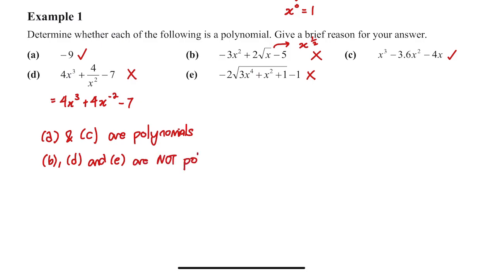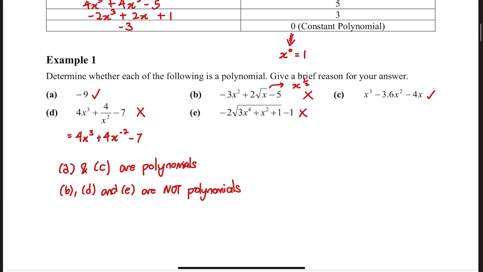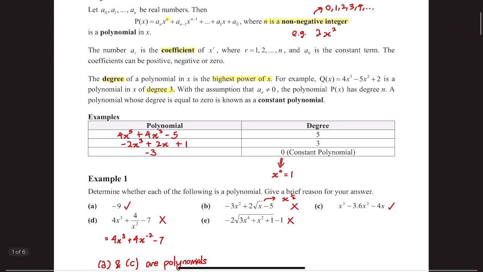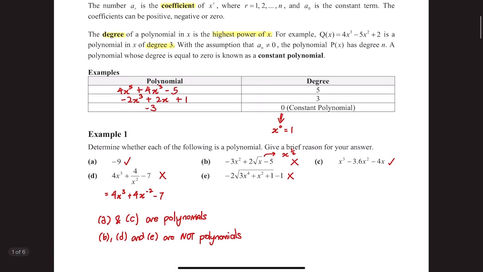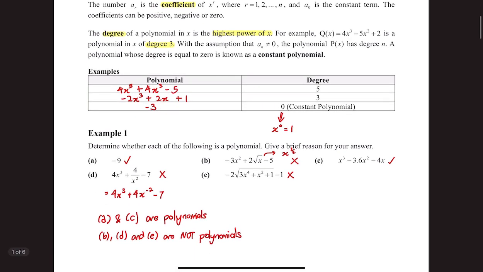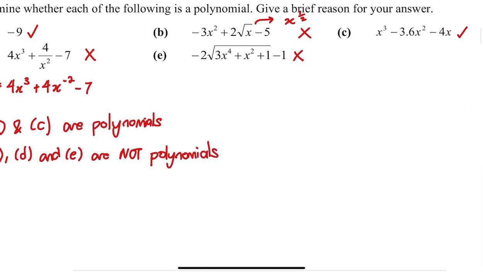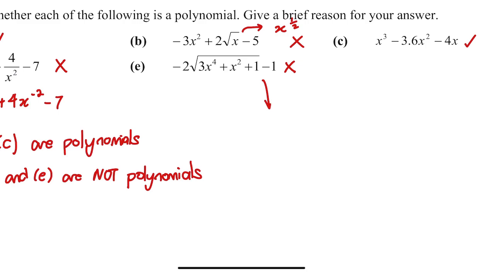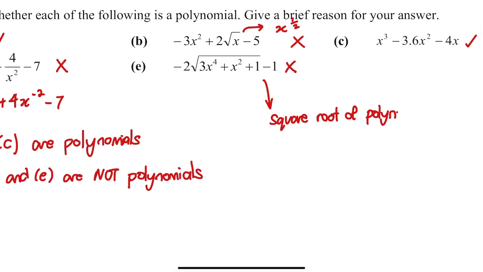I hope that you can see why they are not polynomials given by the definition over here, whereby the powers should be non-negative integers. And for part E over here, this is a square root of a polynomial, which is not a polynomial.